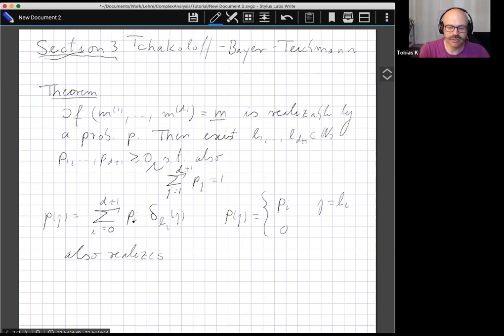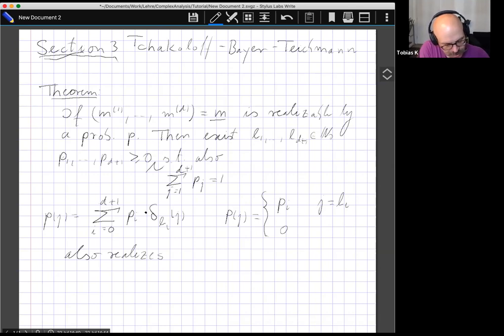Then if you can solve the moment problem, if you can fulfill these D conditions, you can do this with only D plus 1 Dirac measures. And so it's good news, because it means that it should be computable. If you have enough computer power, you can do it. You just have to check this one case. You don't have to check infinitely many cases. So this is already very good news. The difficulty lies in the fact that the l's could in principle be arbitrarily large.